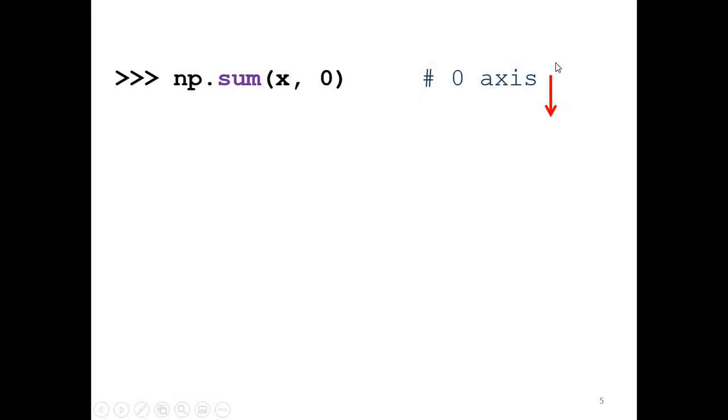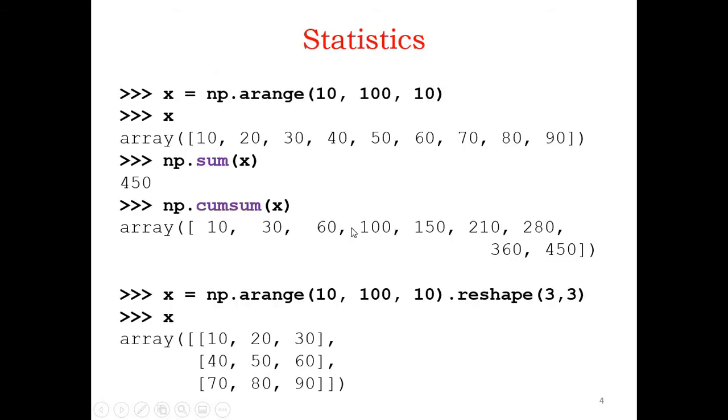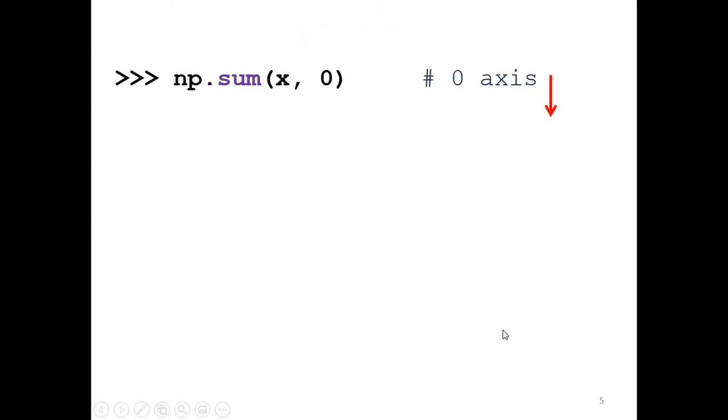Axis 0 is in this direction. Remember again, go back. So this is axis 0, so you come down this way. That means it will take the sum of these 3 numbers, then the sum of these 3 numbers, then the sum of these 3 numbers. So let's see that. This is 120, 150, and 180.